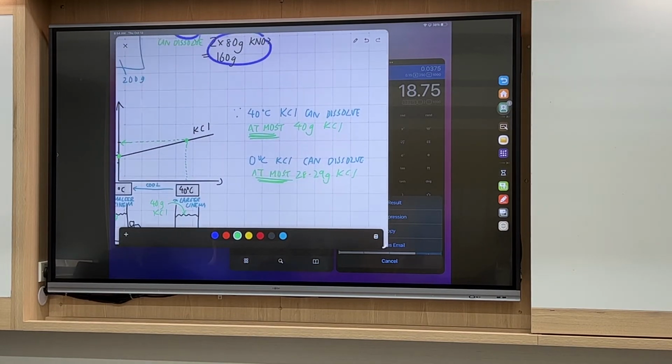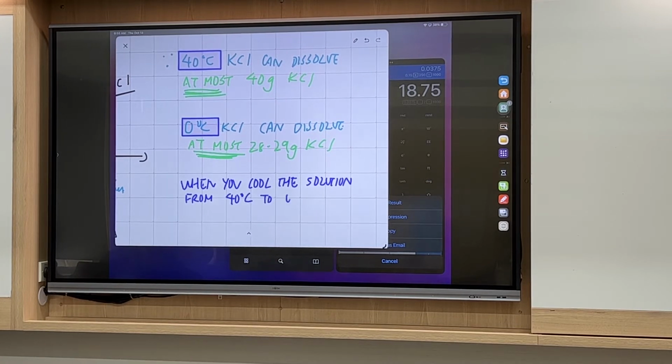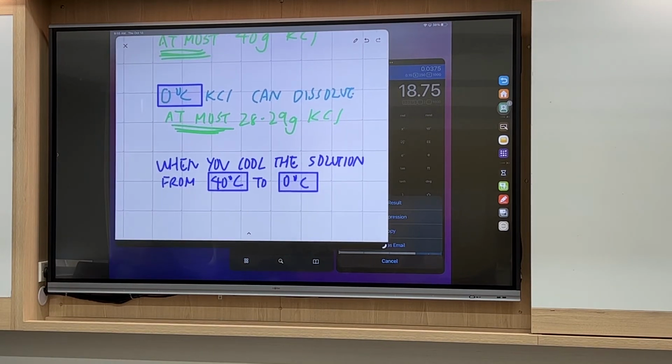That means when you cool the solution from 40 degrees C to 0 degrees C, you are forcing some salt to leave the solution as solid. So when you cool the solution, 40 minus 28 or 29, which is 12 grams of KCl, will be forced out of the solution as solid.